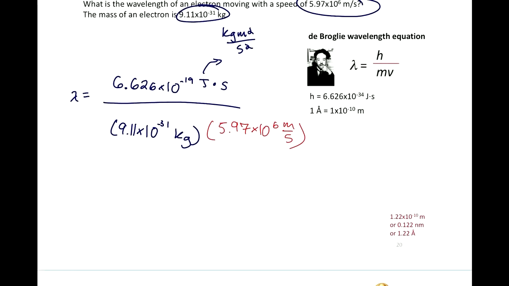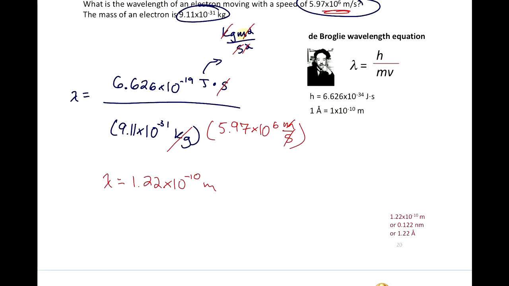so I was just looking to see how the units cancel. So kilograms cancels, one of the seconds cancels, the other seconds cancels, and then one of the meters cancels, so we see that we're left with just a meter. So just making sure that all the units work out. So you put that in your calculator, you get that the wavelength of this electron traveling at this velocity is 1.22 times 10 to the negative 10 meters.